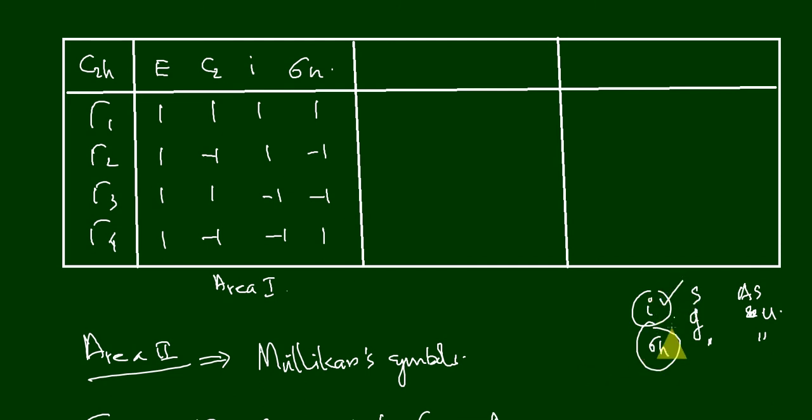Okay, means you will give G and U symbols, and this prime and double prime symbols will not be used. This will not be used. So even if there is sigma h, you should not go for prime and double prime symbols. Stick with the symbols with respect to I only. Okay, that's enough. That is a preferential rule.